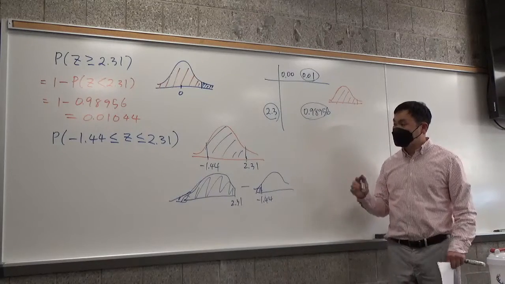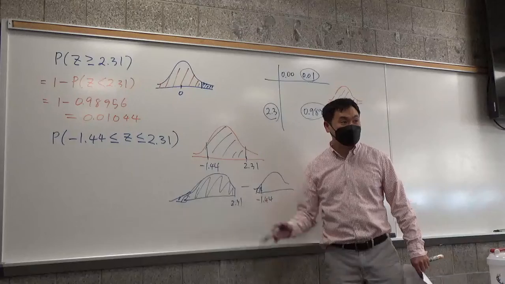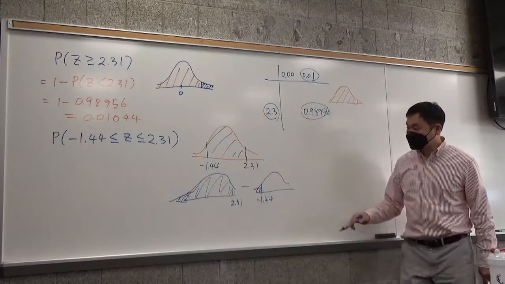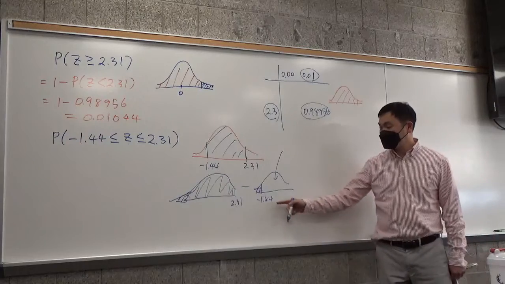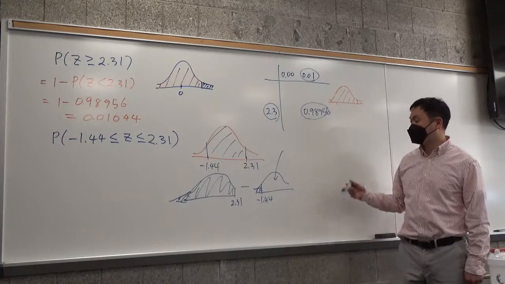However, in the table, I don't have any values for the negative, and therefore, you have to do some tricks to figure out what this value is. So how would you find this negative 1.44?